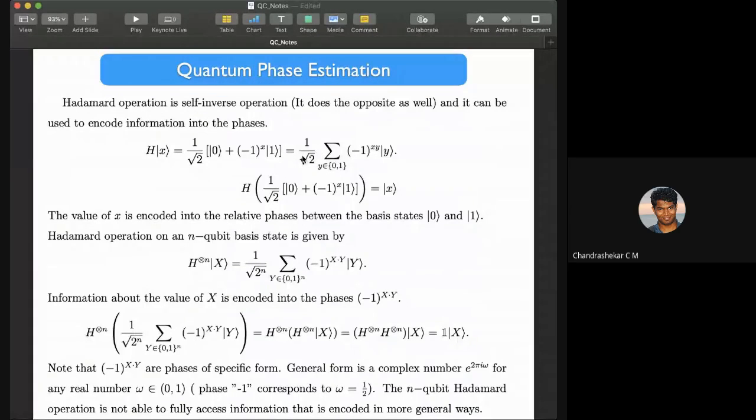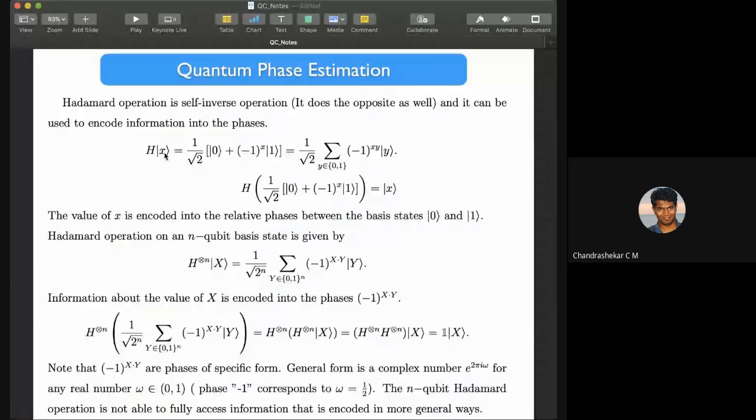We are writing this as a summation term. 1 by root 2 is common, and we have kept it here. But now we are writing it as a summation of minus 1 to the power of x y, sorry, times the state y. Now my state y can span between 0 and 1, which means I will have two terms here: 0 and 1. But depending on the values of x and y, my coefficient gets fixed.